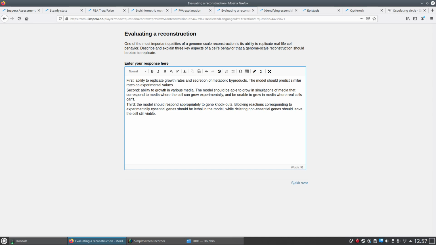These are three different key aspects of cell behavior that a good genome scale model should be able to replicate. Okay.